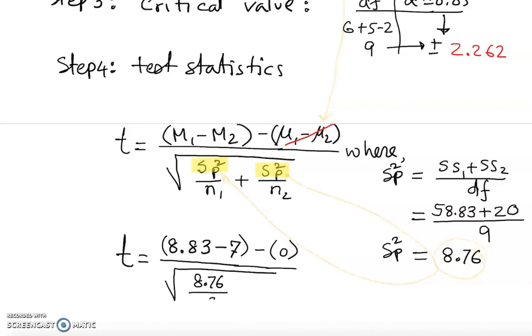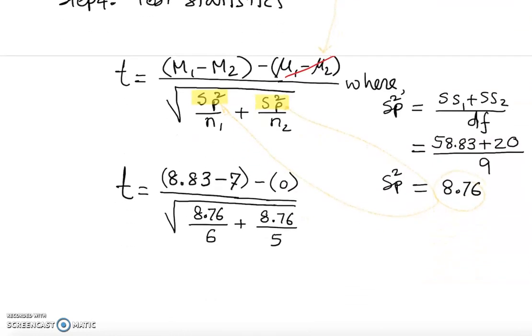This time the sample size is 6. This is not a degree of freedom, it's just sample size. We don't subtract 1. Plus the same pooled variance, 8.76 over, this time, sample size 5. Again, sometimes you have the same sample size, and that is okay too.